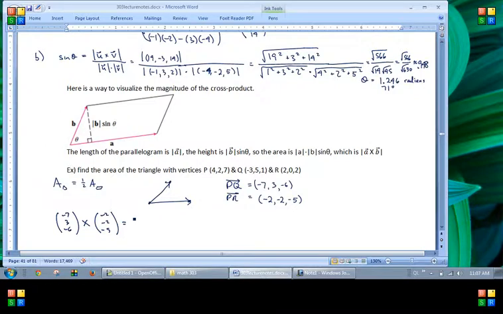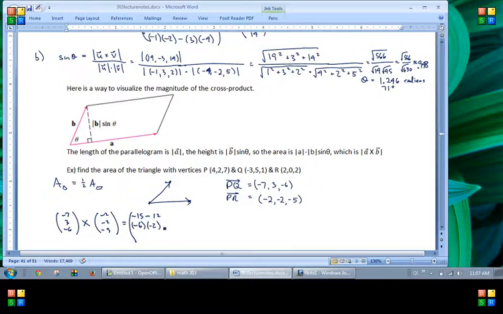So the first component will be 3 times -5 minus... Actually, you know what? Let me just write it all out. I'll just write out all the numbers.